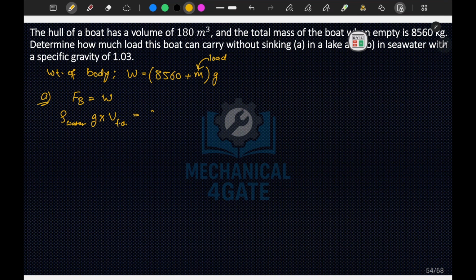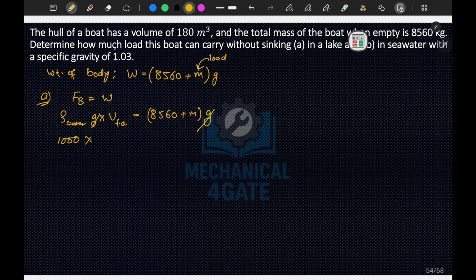It is equal to weight, that is 8560 plus m times g. Now g will cancel out, so density of water is 1000, into volume of fluid displaced.